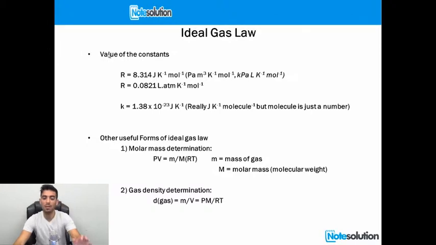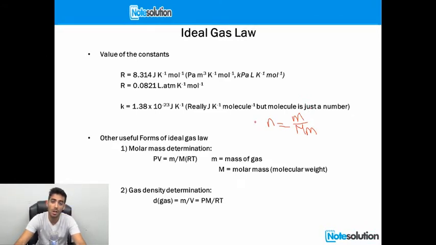Now, the ideal gas law isn't just used to determine pressure, volume, number of moles, and temperature. It can also be used to find two other values that are really important in chemistry. One is the molar mass. Just to recall, number of moles equals mass over molar mass, and each element has a specific molar mass.